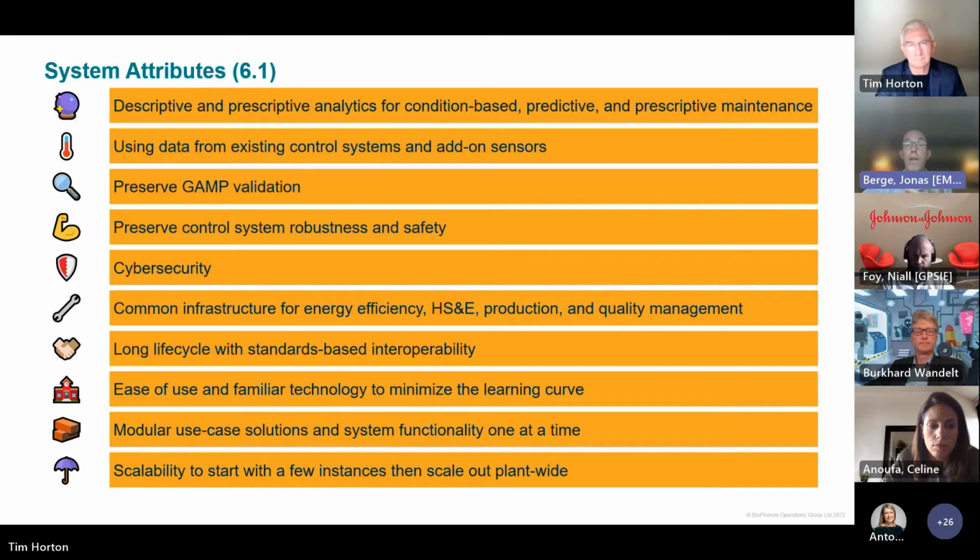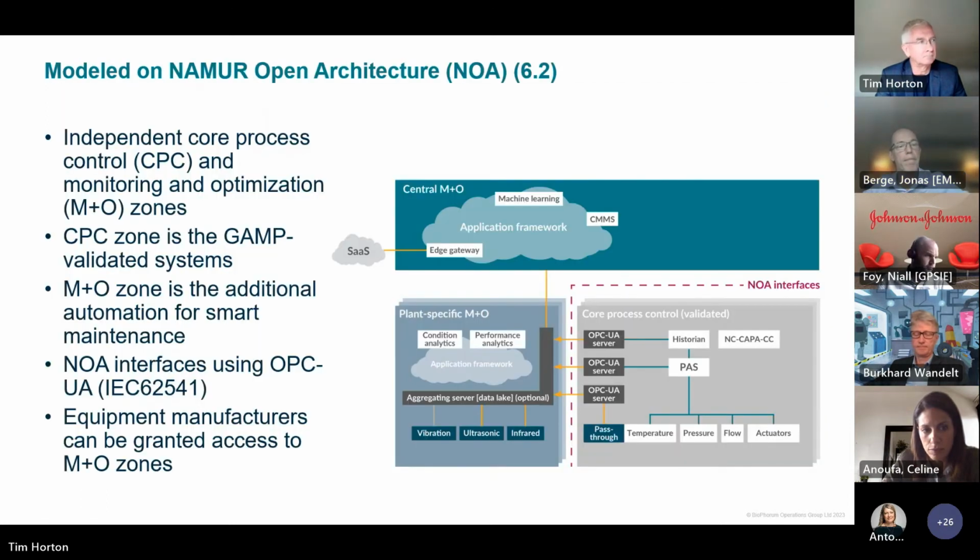And it's built on familiar automation technologies to be easy to use, to minimize the adoption learning curve, and to become a natural part of daily work practices. And it's modular to allow use cases to be addressed one at a time. And it is scalable, to enable plants to start small and then scale out fast. So yeah, next slide, please.